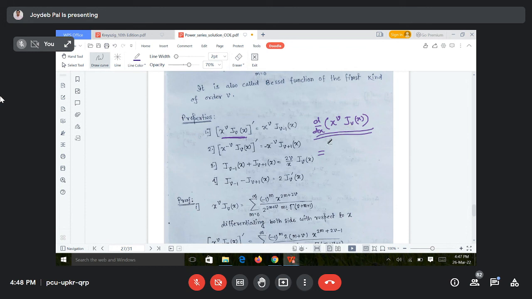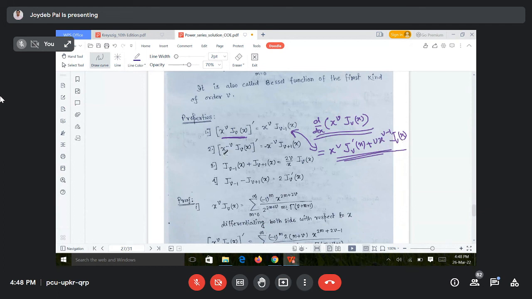Multiplication rule: it will be x to the power nu into J nu dash x plus nu x to the power nu minus 1 J nu x. So d/dx of this equals this. Now left-hand side we can substitute by x to the power nu J nu dash plus nu x to the power nu minus 1 J nu x.